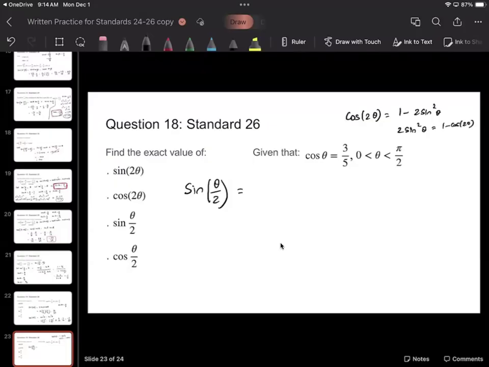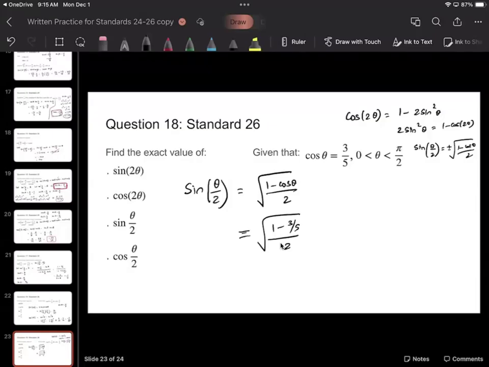So sine theta over 2 will be plus or minus square root of 1 minus cosine theta over 2. Because the angle is in the first quadrant, I'm just going to use the positive value. This is the formula. So I plug in, I have 1 minus 3/5 over 2.